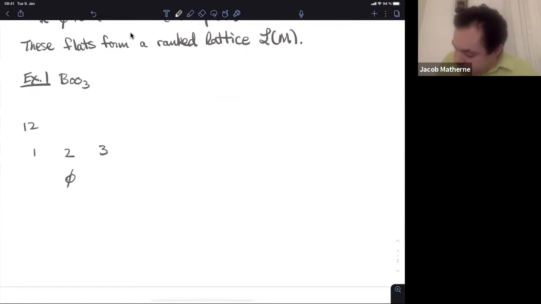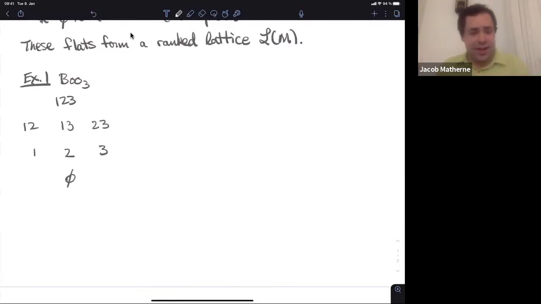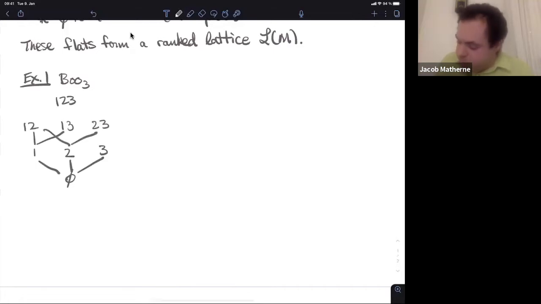I have 2-element subsets, and then I have the whole set. Okay, so this Boolean matroid is going to have its lattice of flats looking like this, the set of all subsets. And what is the relation here? It's ordered by containment. So the empty set is contained in all of these singletons. The singleton 1 is contained inside of these 2 pairs, and so on. So I can fill this in.